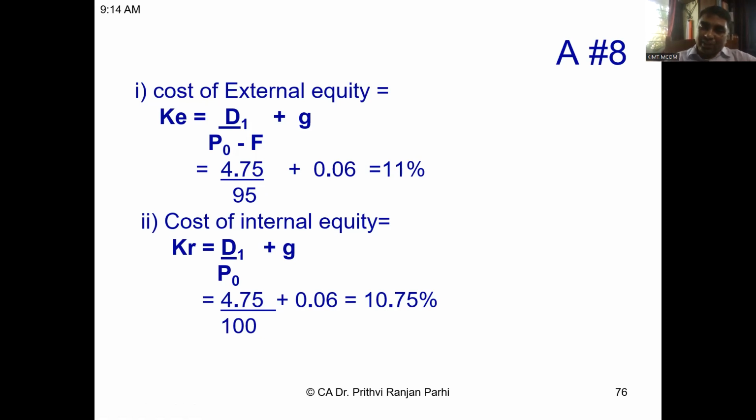But when we are computing cost of internal equity, here also the same formula, D1 by P0 plus G, but P0 here is 100. The flotation cost or the cost related to the issue will not be reduced. As a result, you see cost of internal equity is cheaper than external equity. That is the concept we had already discussed. Now we have recapitulated.